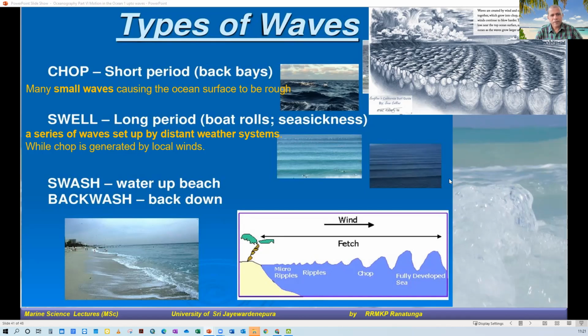Now the second type of waves we call the swell. Right? The wavelength is longer. In this case, it's not choppy, but the boat starts rolling, going back and forth. It's not short like before, it's a bit of rolling.